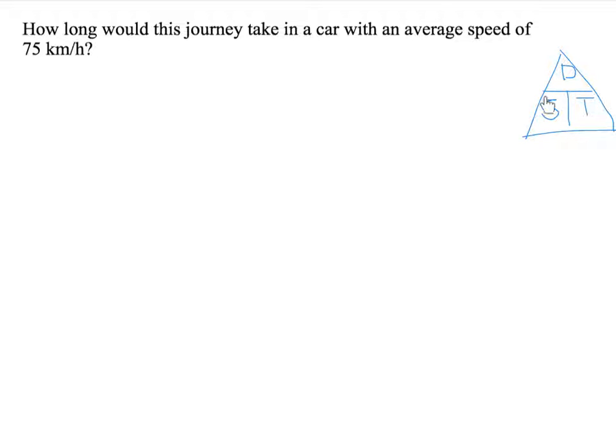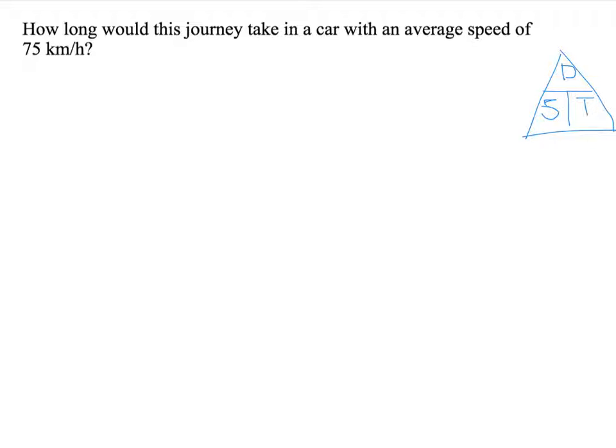If I want to find speed, I cover speed, and I'm left with distance over time, like a fraction, so distance divided by time. And the same as if I cover time, that leaves me distance over speed, so distance divided by speed. So all you need to do is remember those ones, and easy peasy formulas.